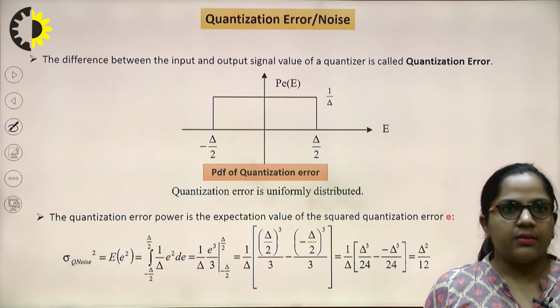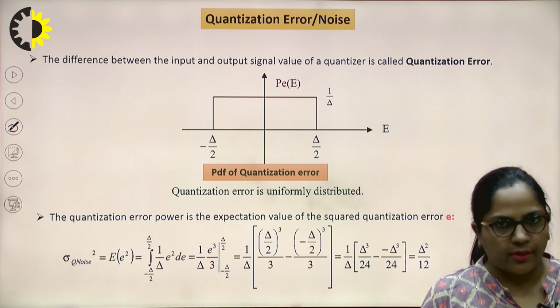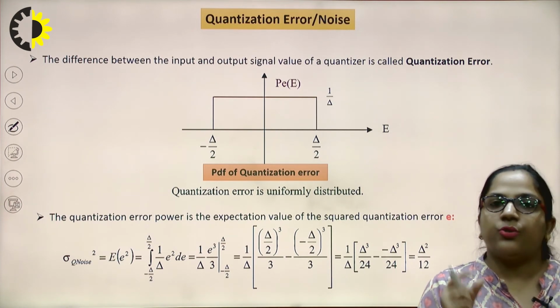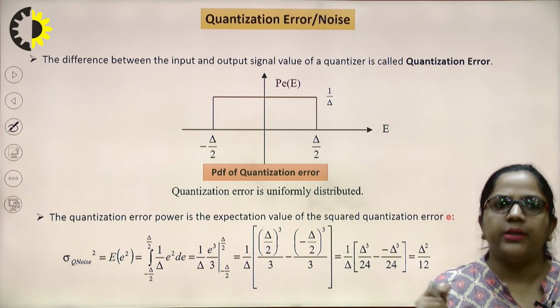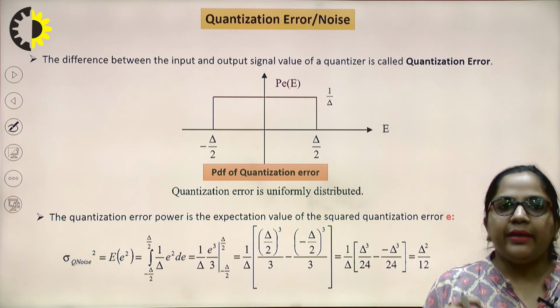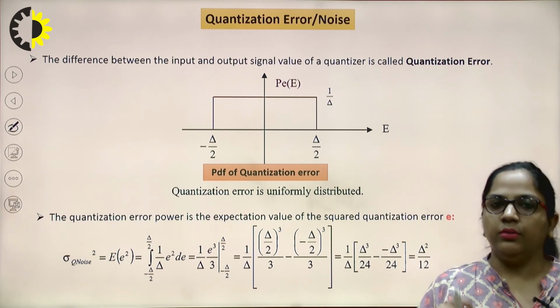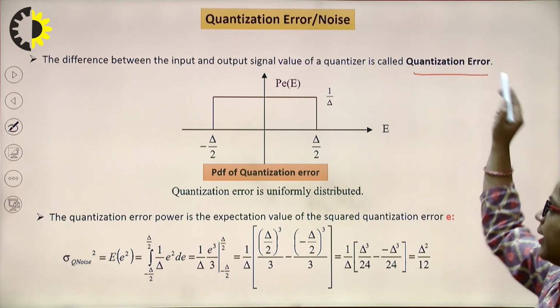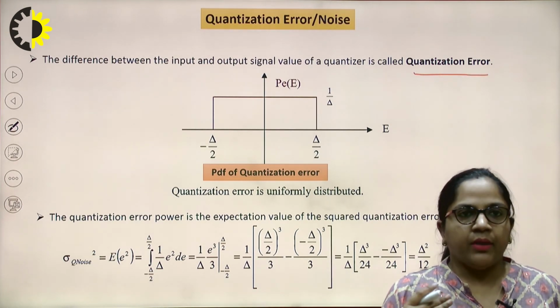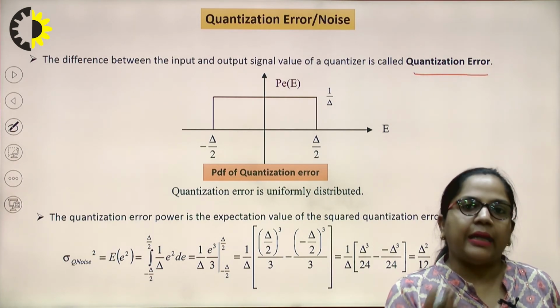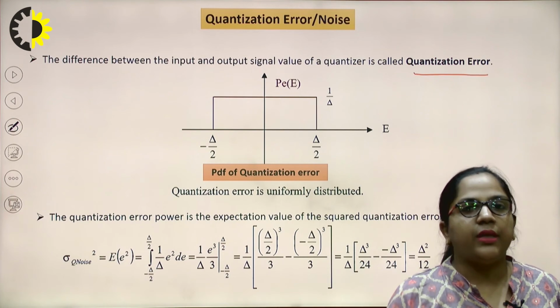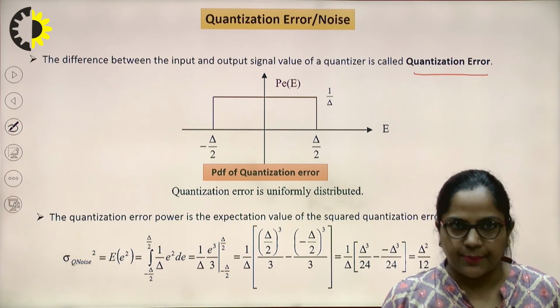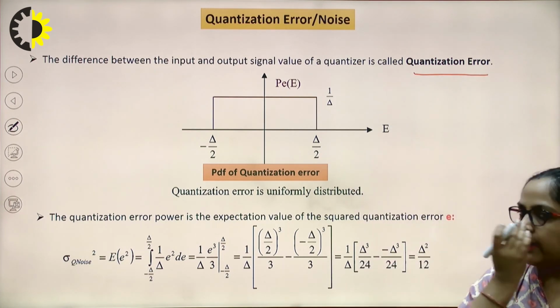So, let us discuss the quantization error or noise. The difference between the input and the output signal value of a quantizer is called the quantization error. How can we calculate this quantization error?